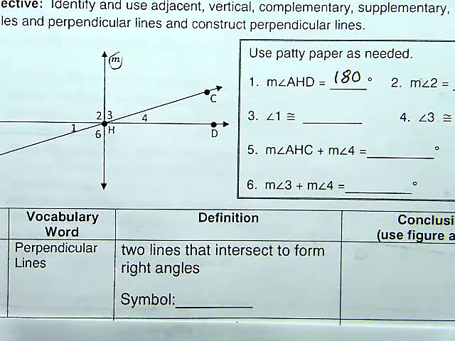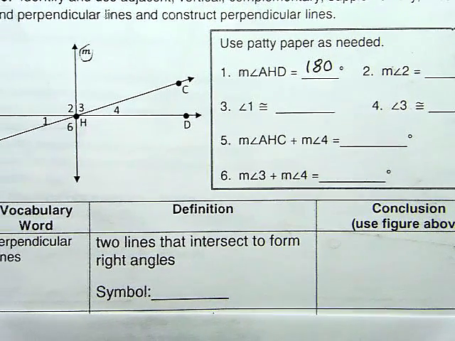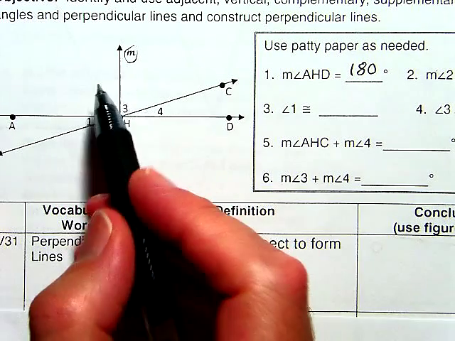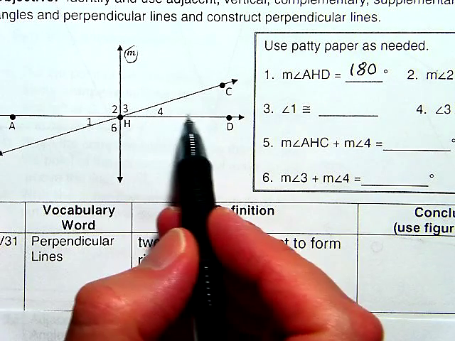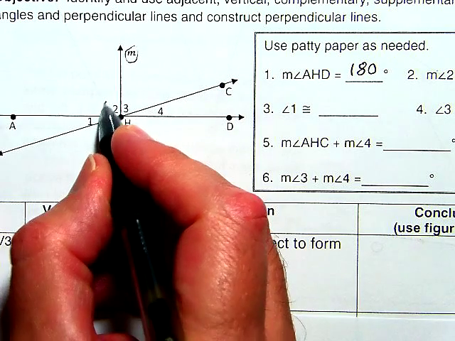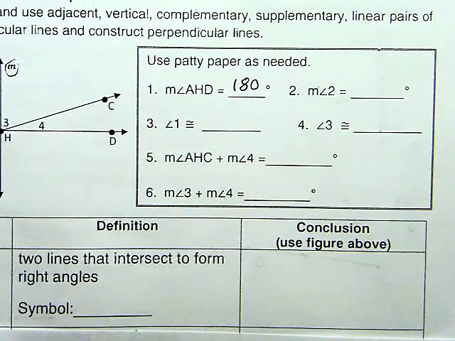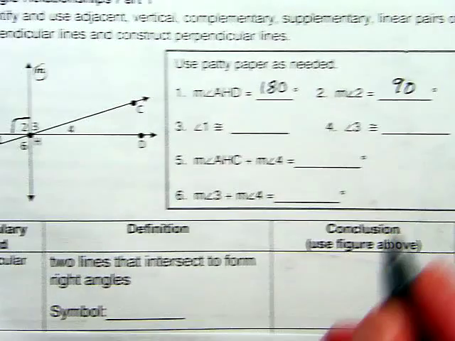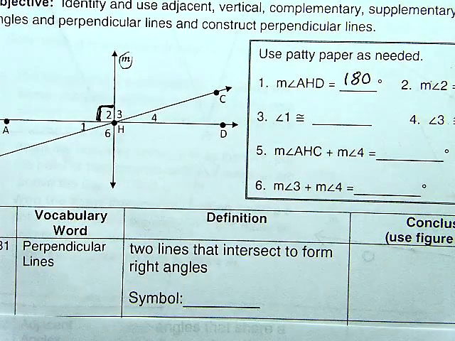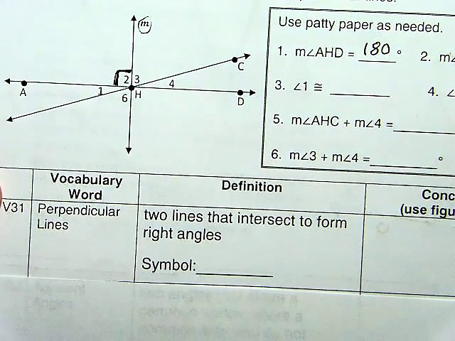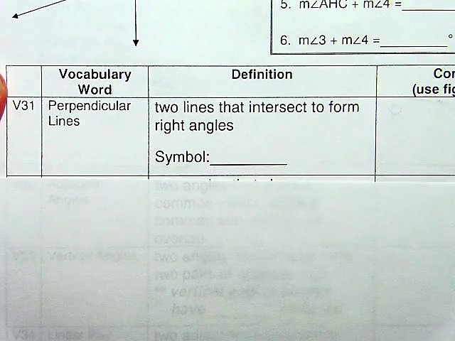And the measure of angle 2, which is our second question up here, we're assuming that line M and line AD make right angles with each other. We can put a little right angle sign in there, and that would mean that the measure of angle 2 is 90 degrees. Good. Okay. Well, with that as a start, let's go ahead and define some of our first words.